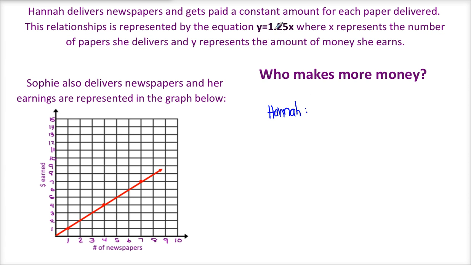Well, her earnings are represented in an equation. y equals 1.25x. y represents the money that she earns. x represents the number of papers.